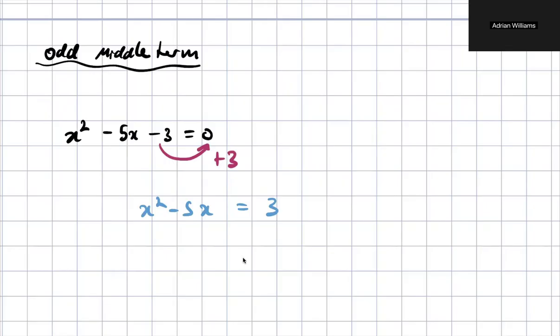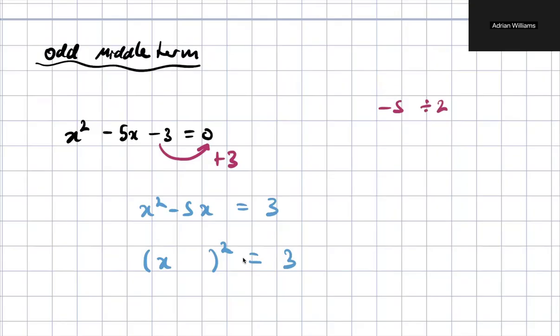Remembering that our aim on this left-hand side is to end up with a perfect square. Okay? What we need to be really careful with, because this middle term is odd, is to think about when I halve it, square it, and add it to the other side. If I think of the coefficient of 5, halving essentially means to divide by 2.